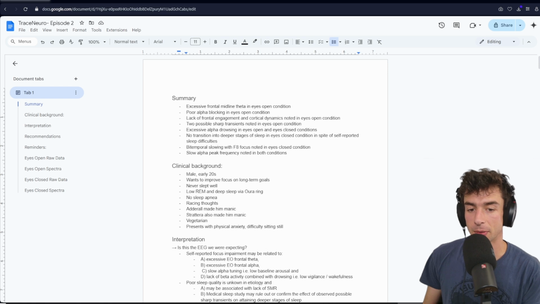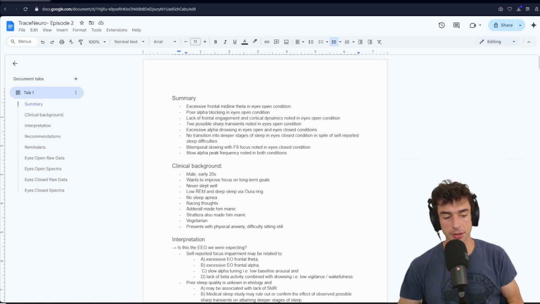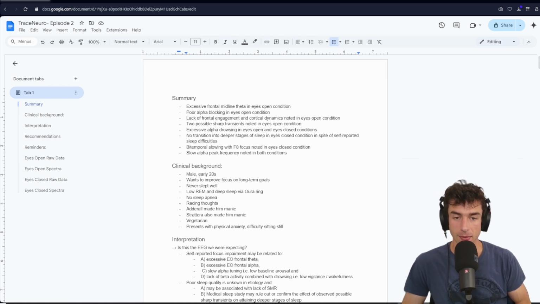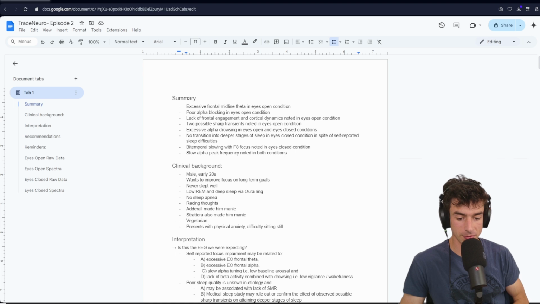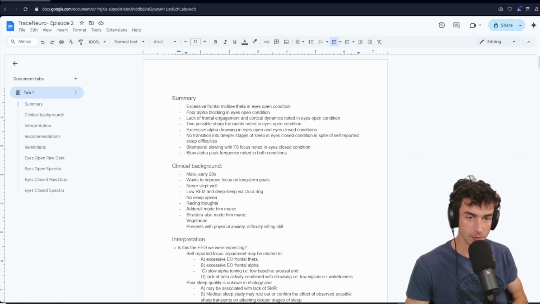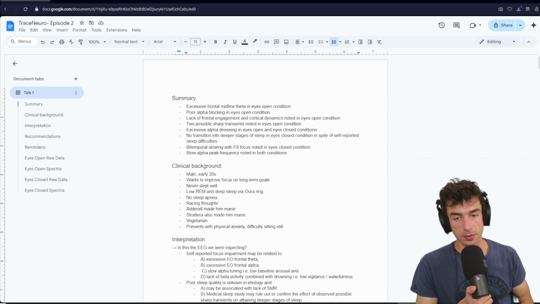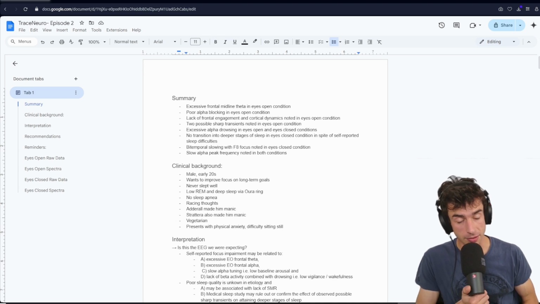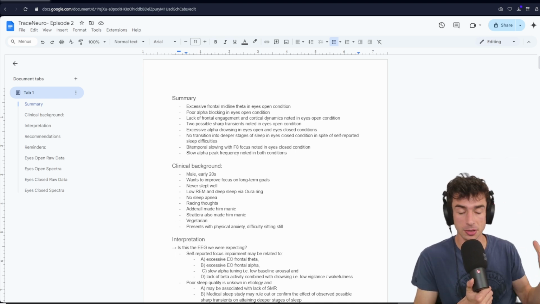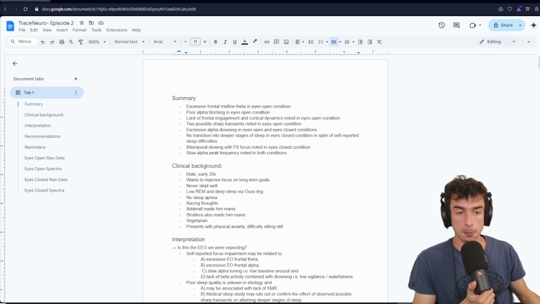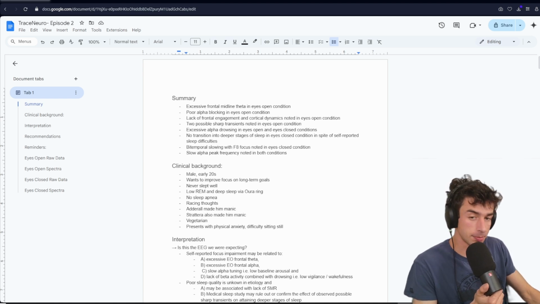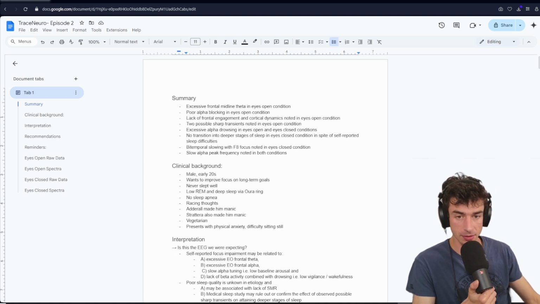So now we come to the question of what's actually going on with this guy. We've summarized what we've found in the EEG. There's a lot of frontal midline theta in the eyes open. There's poor alpha blocking in the eyes open, so too much alpha up front. We saw some possible sharp transients in the eyes open.